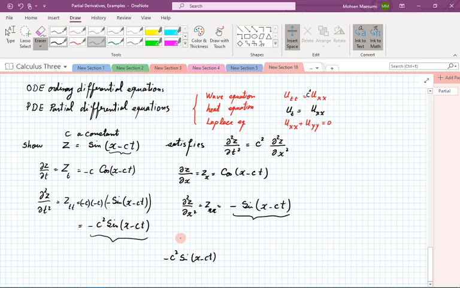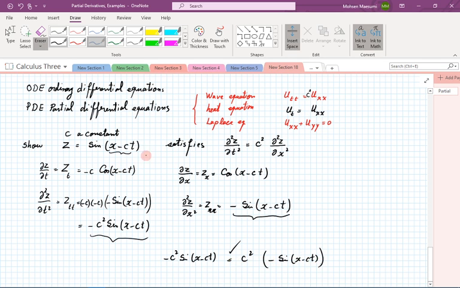This is the left hand side of this equation. We want to show it is equal to c squared times this second derivative, which is minus sine of x minus ct. So if I simply remove these parentheses and move the minus in front, you see that the two are actually equal to each other.